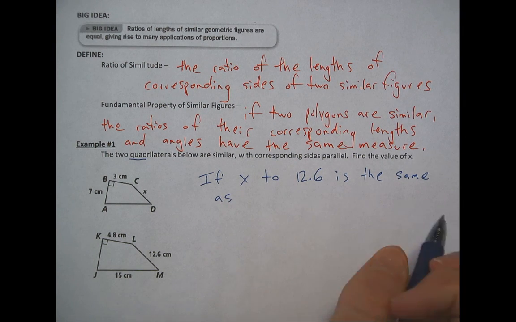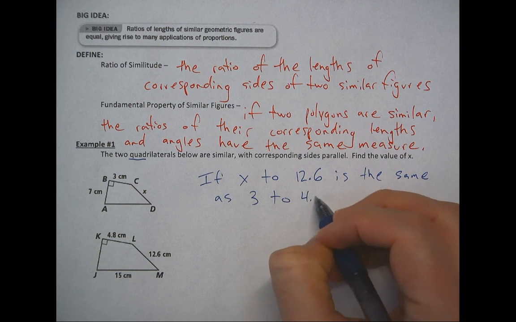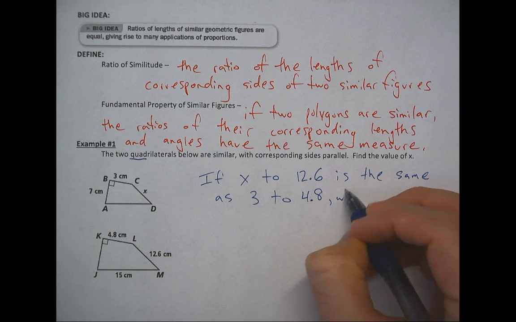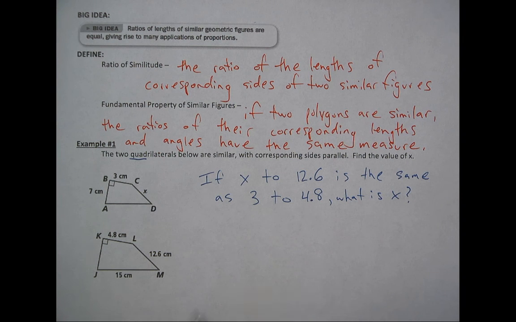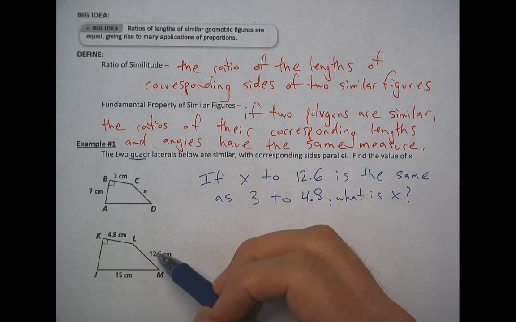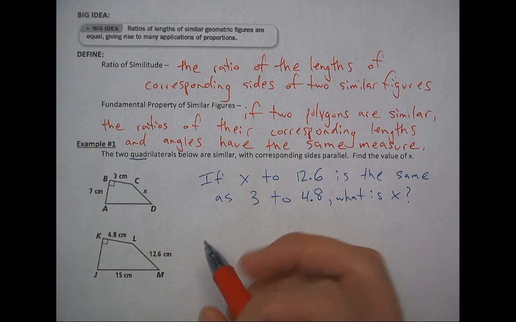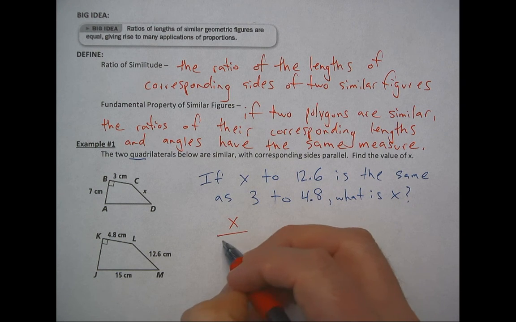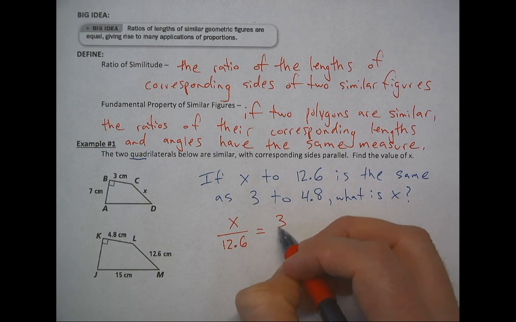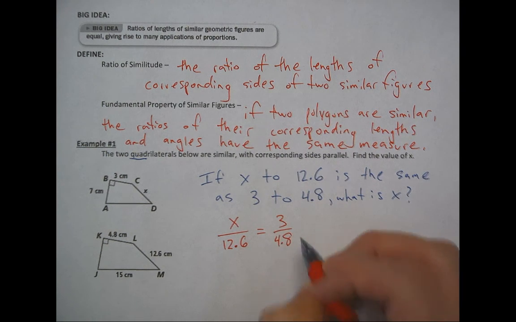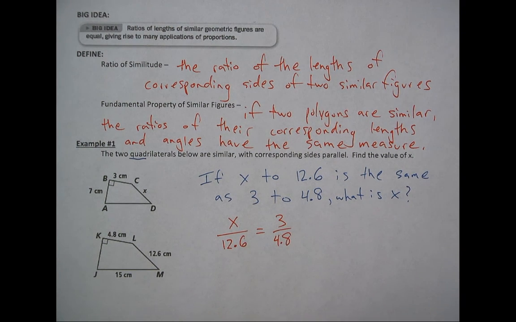So if x to 12.6 is the same as 3 to 4.8, what is x? That's what I'm trying to figure out. That's basically the question here. x compares to 12.6 the same way that 3 compares to 4.8. So if I'm going to set that up, I'm going to say x compares to 12.6 the same way that 3 compares to 4.8. This relationship, this ratio is equal to this one.